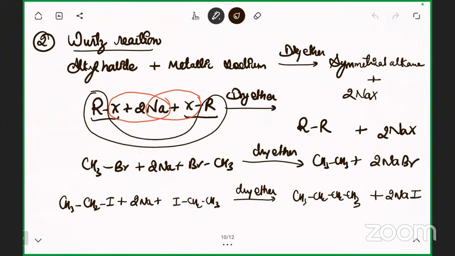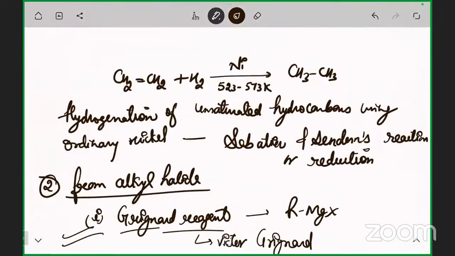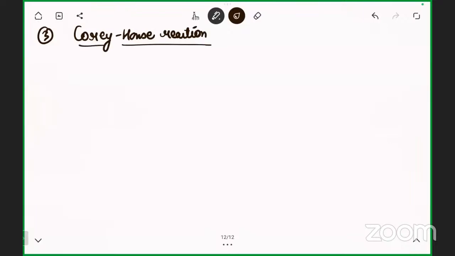The first type of preparing alkanes from a hydrocarbon was from Grignard reagent, the second was the Wurtz reaction, and the third is the Corey-House reaction. The Wurtz reaction gives us alkanes, but not in good yield.